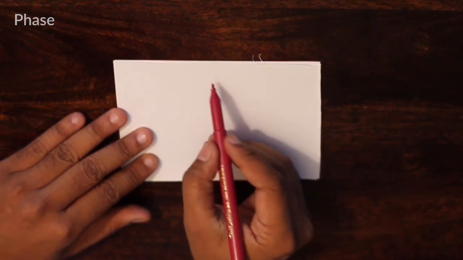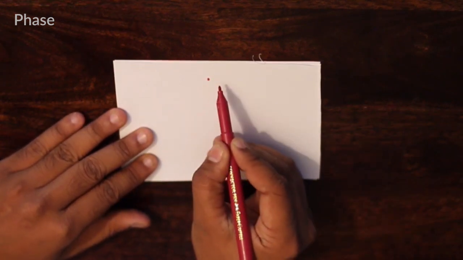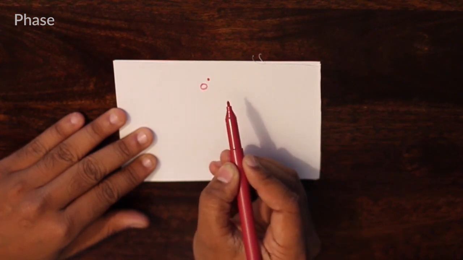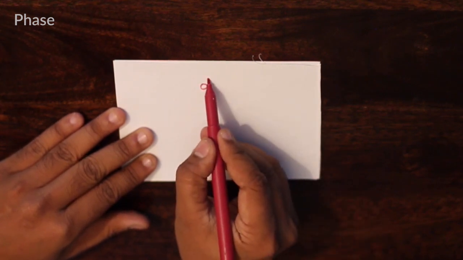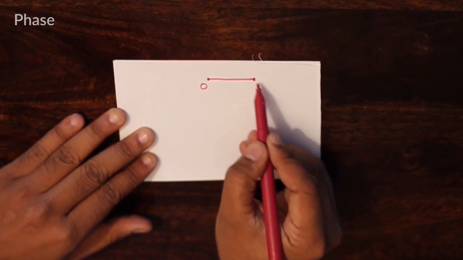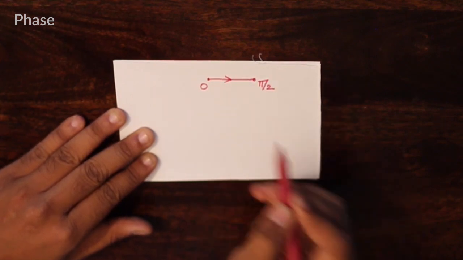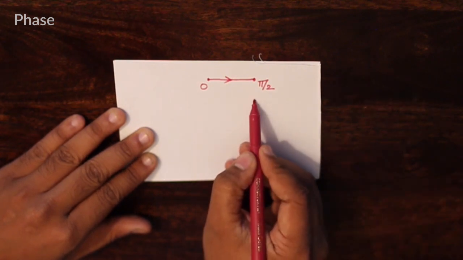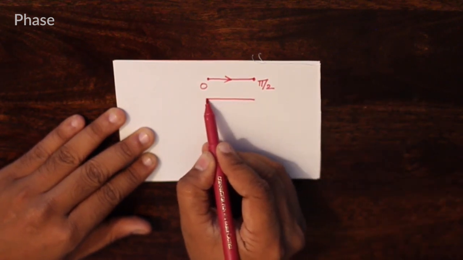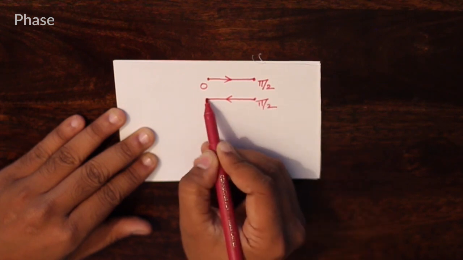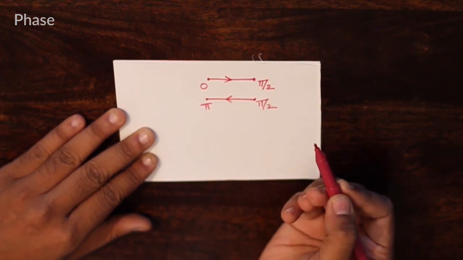So if the body is at the mean, the phase is 0, because sine 0 is 0. And when it goes to one extreme, it is at a phase pi by 2. And when it is returning from there to the mean, this phase was pi by 2, but now this phase is pi.